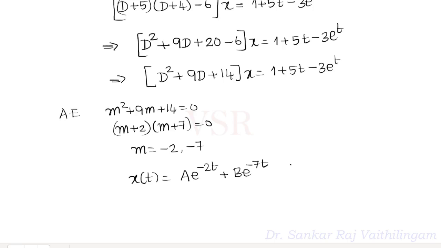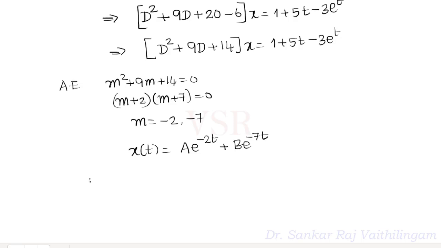Now what do we have to find? We have to find the particular integral. Shall we find it? The particular integral PI is 1 divided by (D square plus 9D plus 14) into, let me take it as, 1 plus 5t.